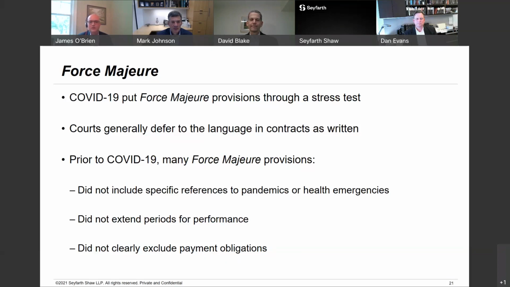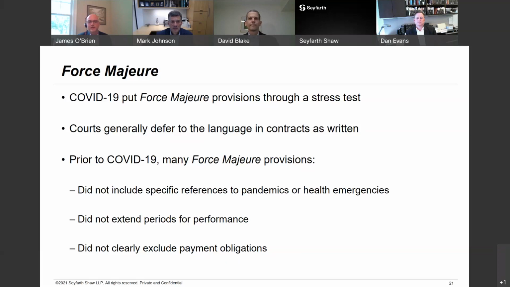And one of the lessons that we learned is that courts are generally going to defer to the language in contracts as they're written. Particularly with a commercial lease, they're going to look at a landlord and a tenant, sophisticated parties, and their intent is going to be expressed in what's written. So I think one overall lesson is try to get your provisions written the way that you want them to be written.